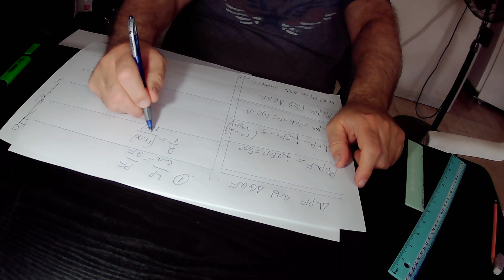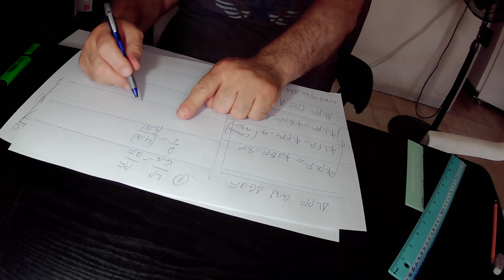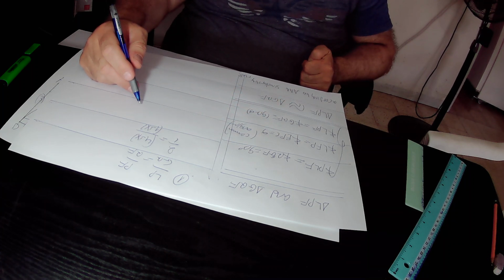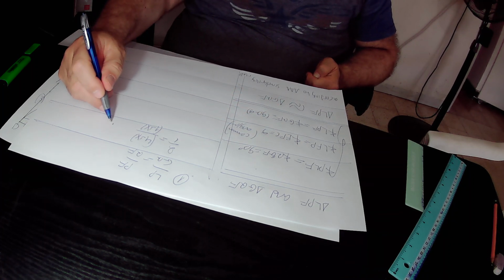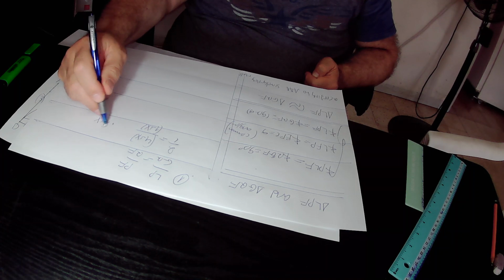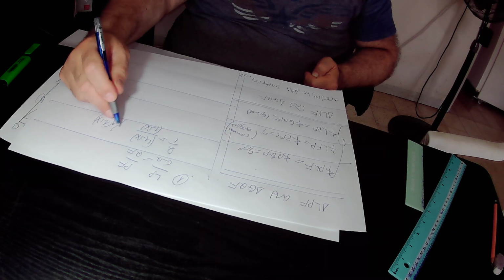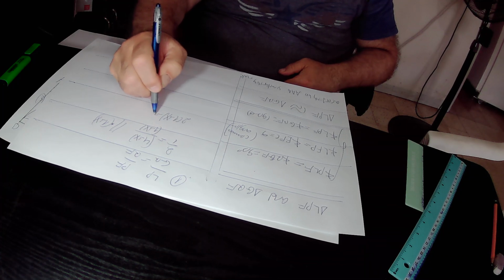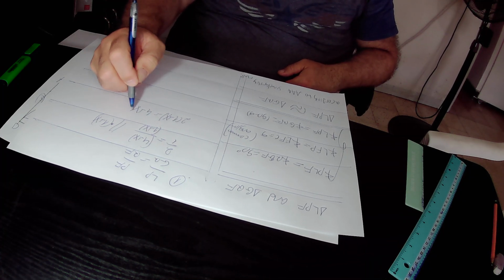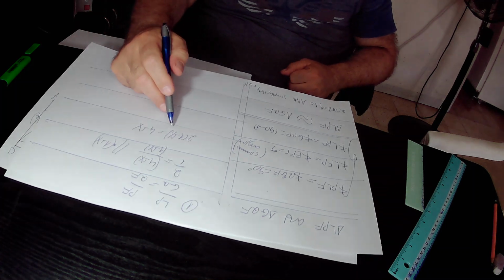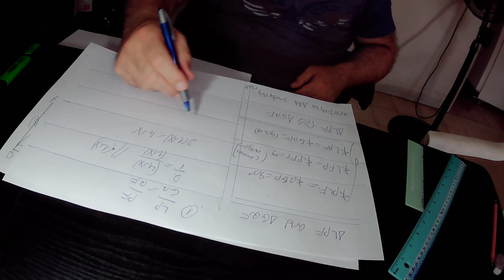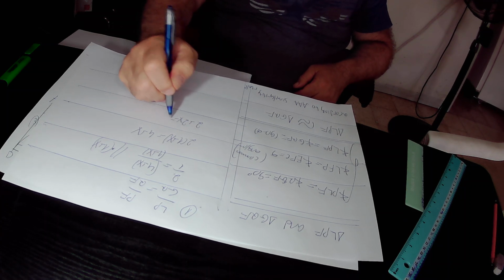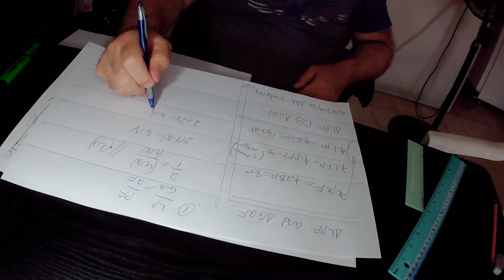So in conclusion, I have found out that 2 equals 4 plus X over 1 plus X. Here we multiply this equation by 1 plus X, and we get that 2 times 1 plus X equals 4 plus X. Opening the brackets, we get 2 plus 2x equals 4 plus x.